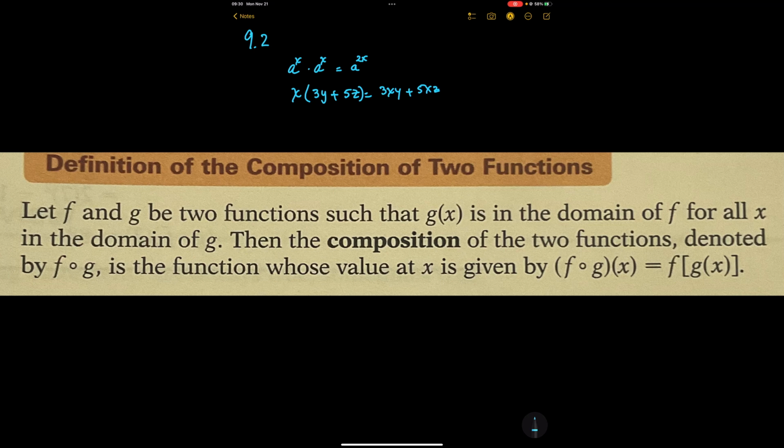Then the composition of the two functions, denoted by f with that little circle and g, is the function whose value at x is given by f of g of x.